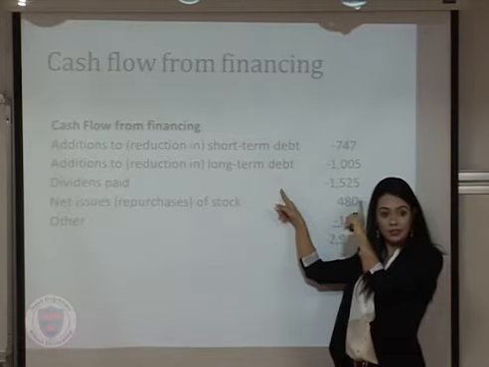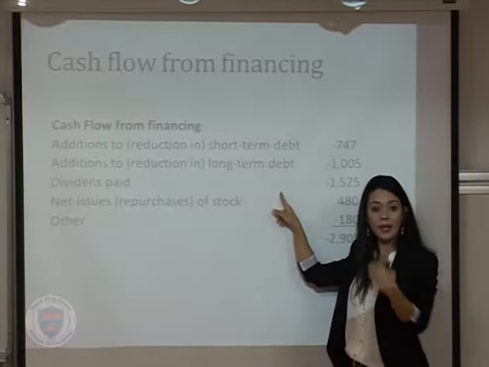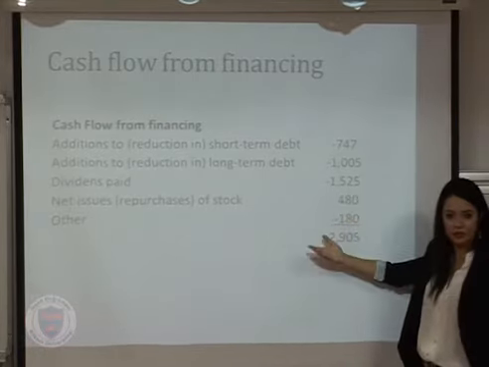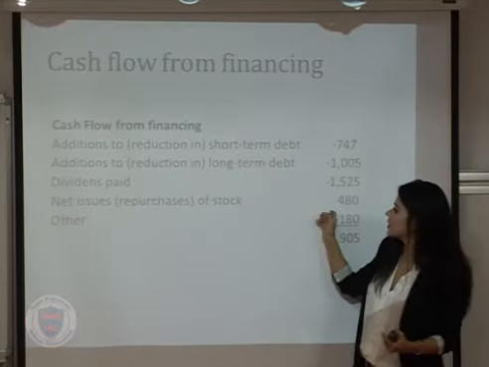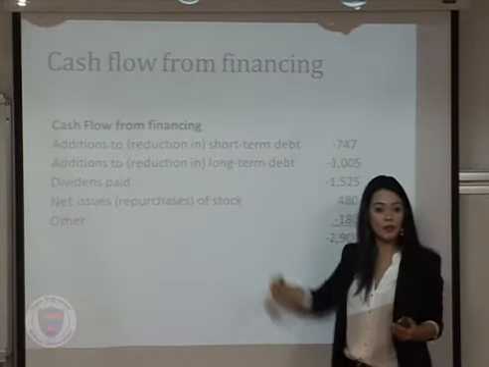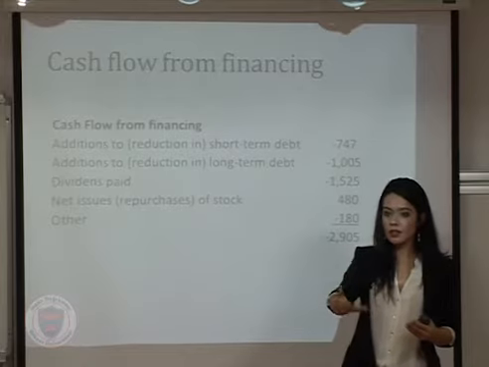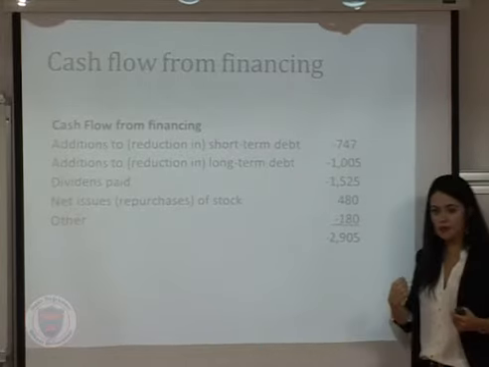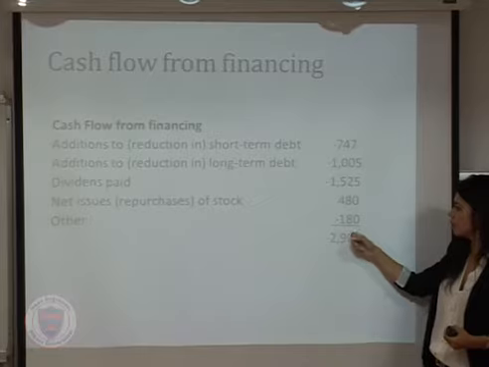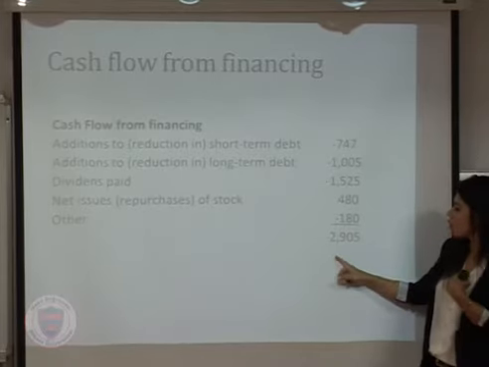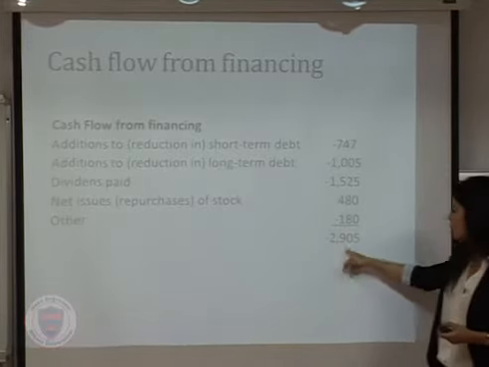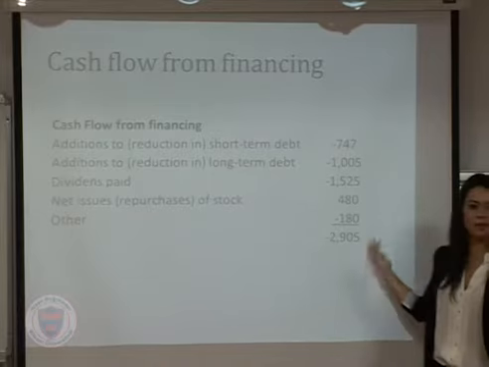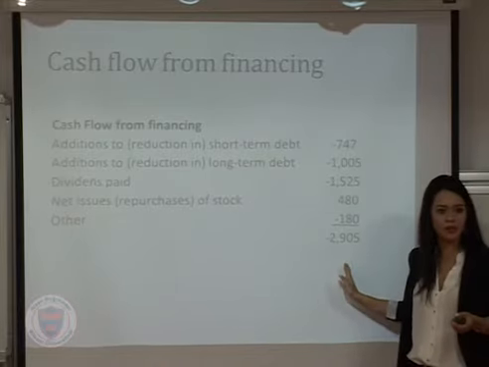Dividends are here. Statement of cash flow. If you pay dividends, it's of course cash outflow. Then this company issued some stock. When you issue stock, you raise money. You got money from the public, so it's a cash inflow. There are other stuff as well. So overall, there's a cash outflow of $3 billion for this company.